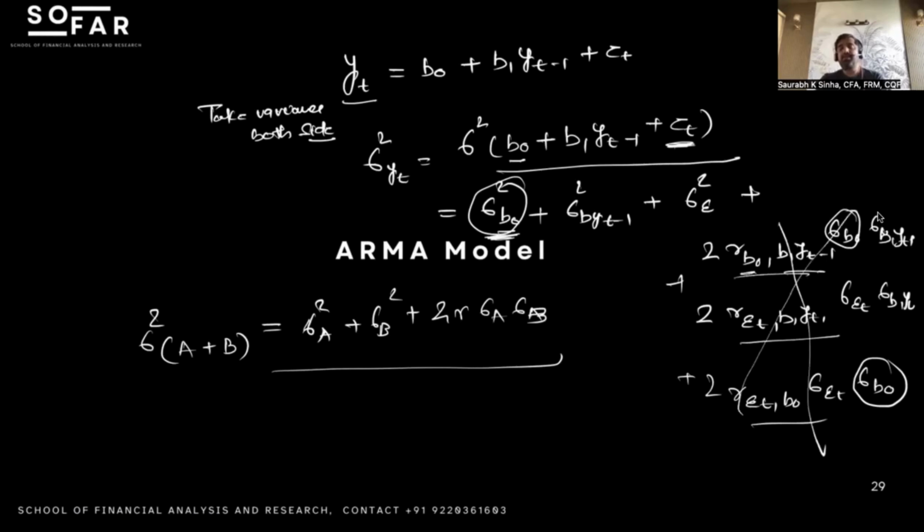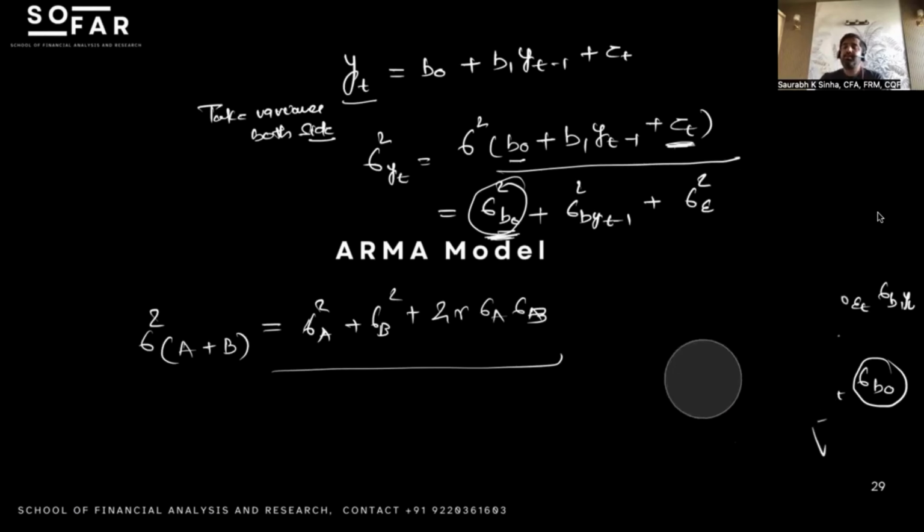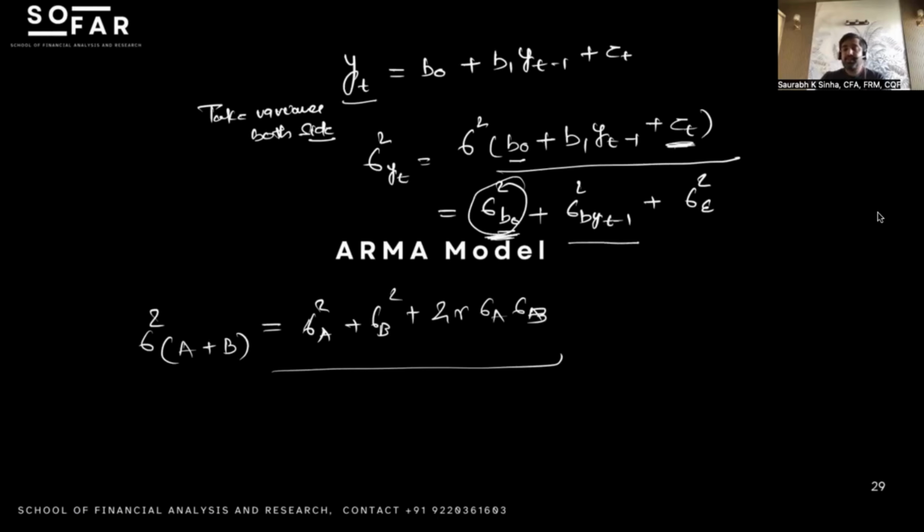So these terms are zero. You don't have to write it. So what is left with? The variance of B1 into YT minus 1 and the variance of error term, because the variance of constant is zero. So variance of B1 into YT minus 1 plus variance of error term, this is left.